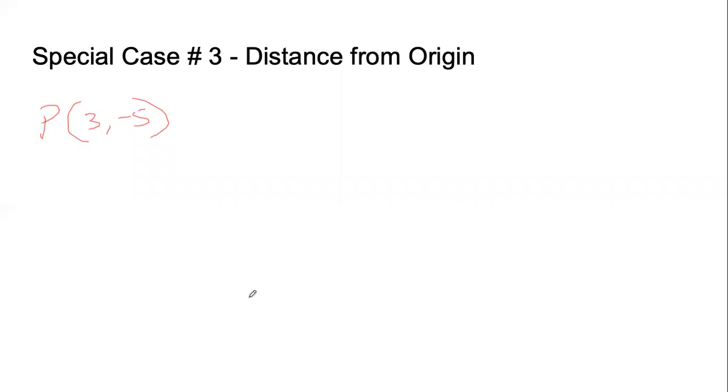Whichever formula we use, we need 2 points. Where is the second point here? We have to find the distance of the point P from the origin. So where is that second point? Khadija is saying the second point is 0.